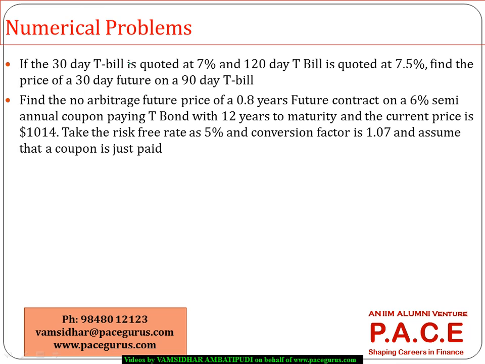Then, okay, the other important thing with respect to treasury bills. A 30-day treasury bill is 7% and a 120-day treasury bill is at 7.5%. Find the price of the futures contract, 30-day future on a 90-day treasury bill.